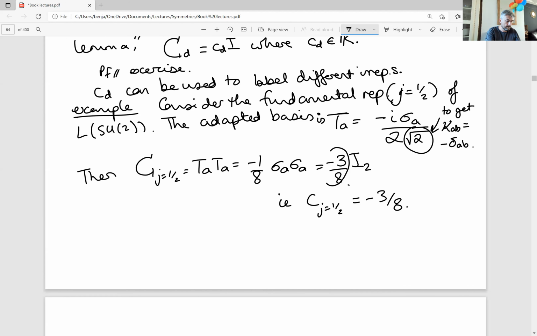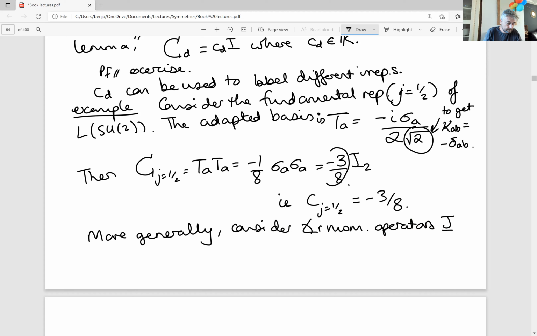So more generally, consider angular momentum operators J. So they have the Casimir operator being minus 1/2 J squared.